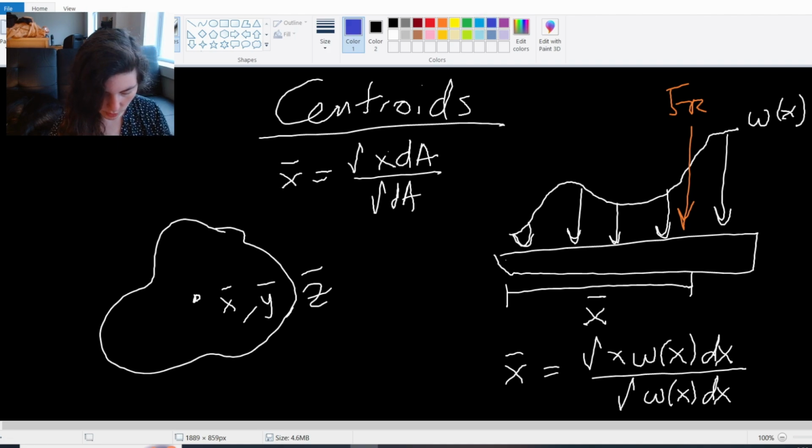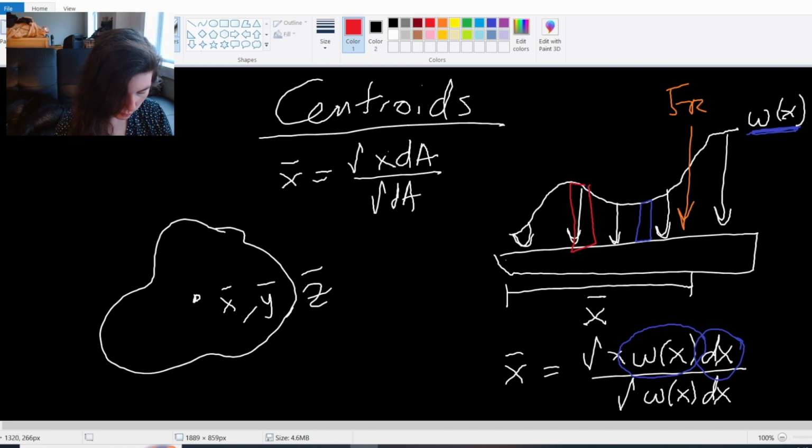Where in our original one, our w(x) represented our height here of our shape, and our dx represented the little differential that we were taking. Right, so let me draw maybe like right here. We were taking this little slice that had a width of dx and a height that was equal to this w(x) term.